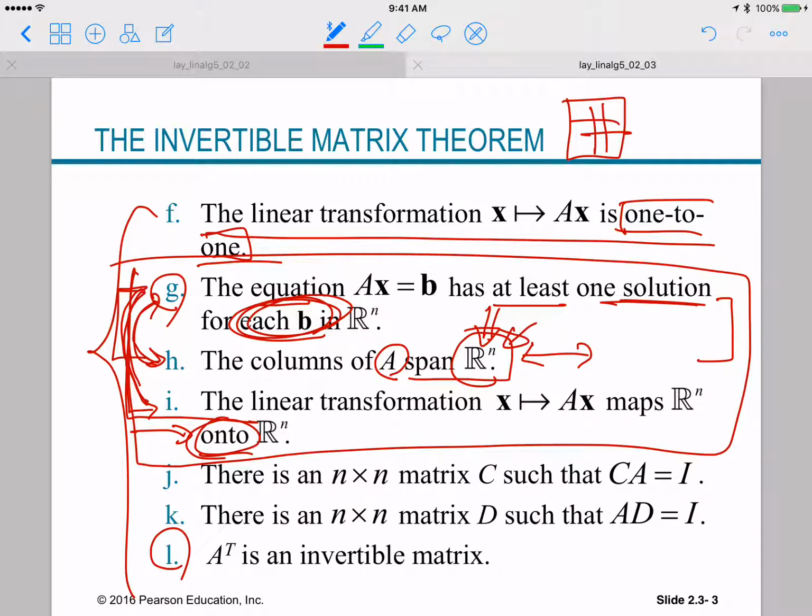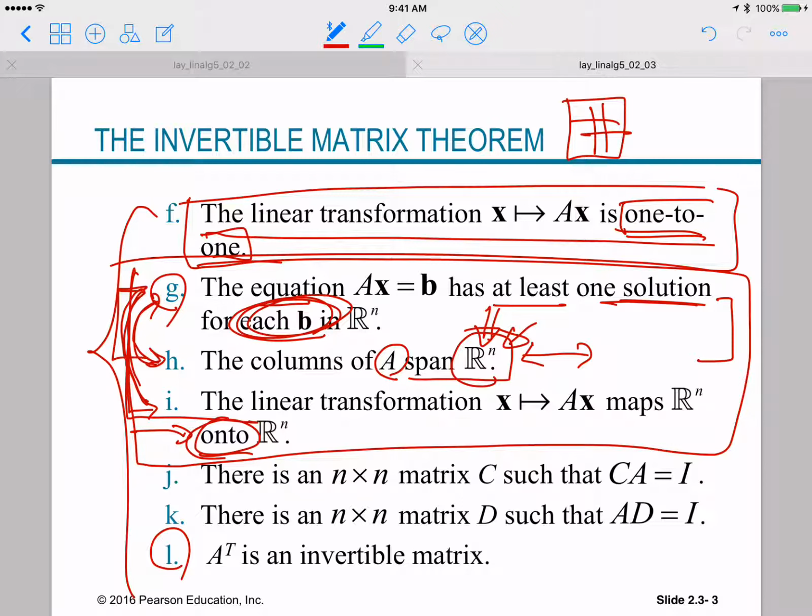Okay, and then here we can see this one-to-one. This one-to-one thing was the same as, in terms of pivots, having a pivot in every column of A, right? Which means there is no free variable.